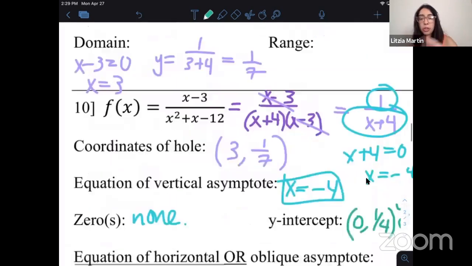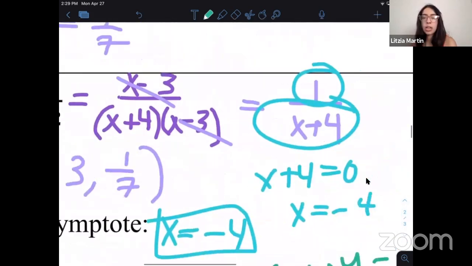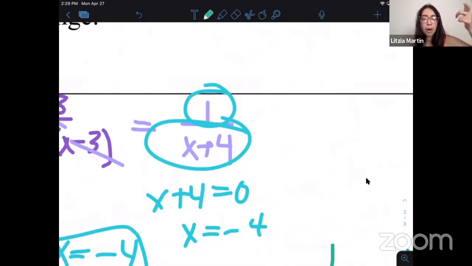The original here, without simplification, x to the first is in the numerator, x squared is in the denominator, so x squared is the higher degree, so it's bottom heavy. Same thing here, technically it's x to the 0 power in the numerator and then x to the first power in the denominator. So it's a bottom heavy function. And whenever it's bottom heavy, it's automatically just y equal to 0.